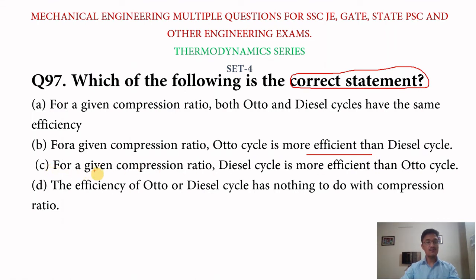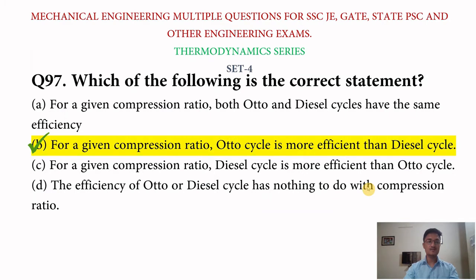Option C, for a given compression ratio, diesel cycle is more efficient than Otto cycle, and option D we have the efficiency of Otto or diesel cycle have nothing to do with compression ratio. So its answer is B, that is for a given compression ratio, Otto cycle is more efficient than diesel cycle. The answer is B.